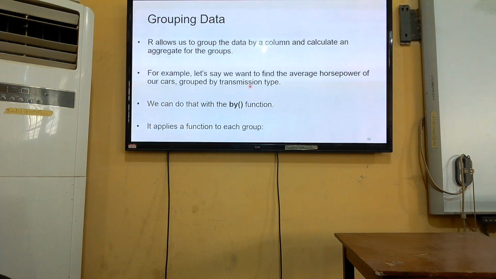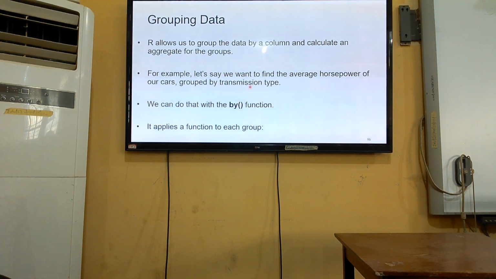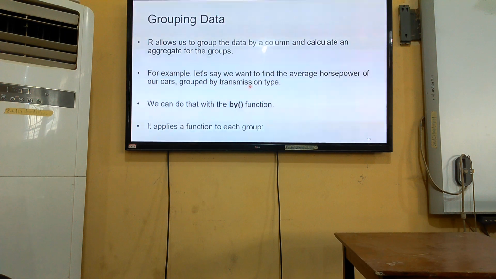But there is a more elegant method of doing that using the by function. The by function allows you to group a data set by a particular column and then find anything you want to do based on that demarcation.